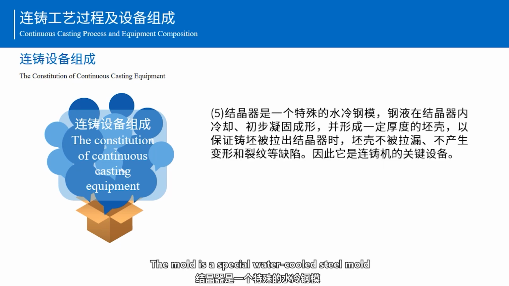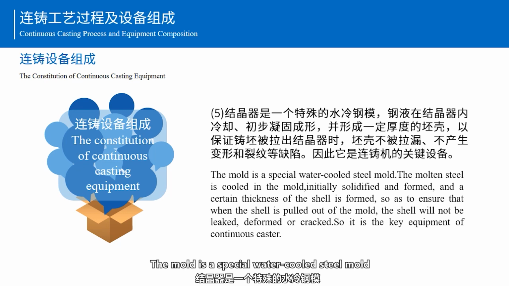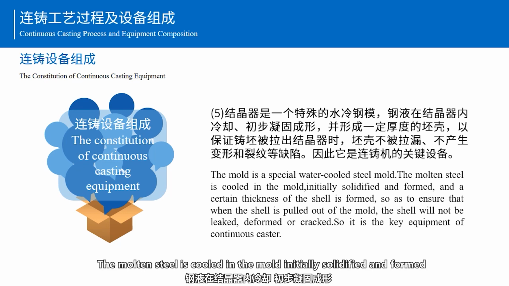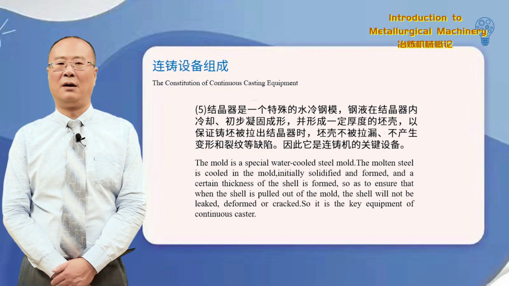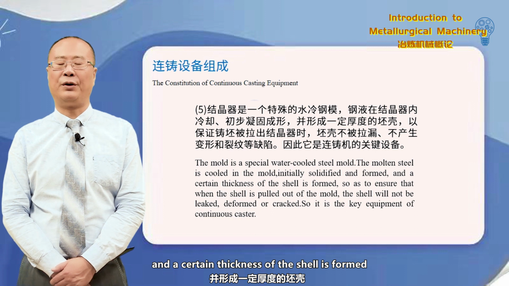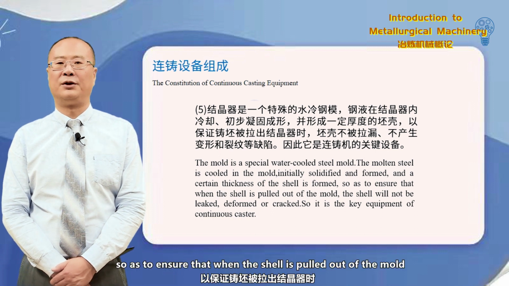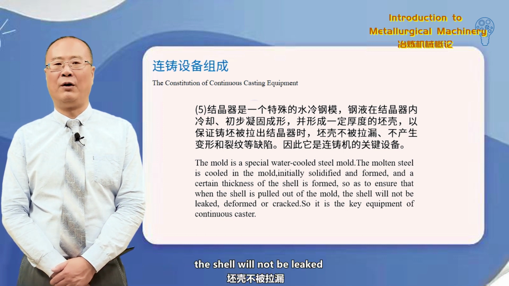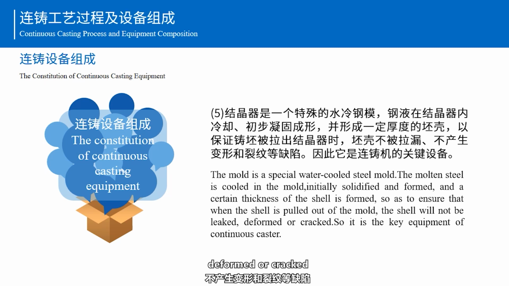The mold is a special water-cooled steel mold. The molten steel is cooled in the mold, initially solidified and formed, and a certain thickness of shell is formed, so as to ensure that when the shell is pulled out of the mold, it will not leak, deform, or crack.